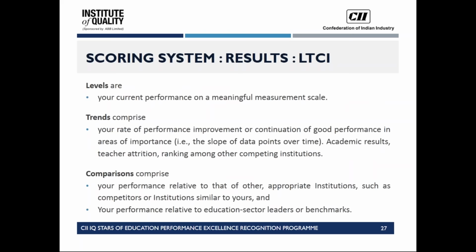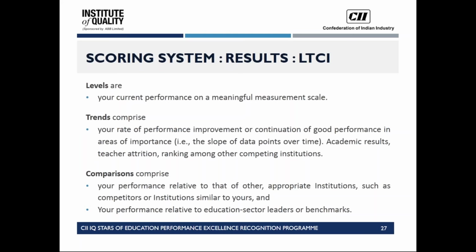Now coming to the next evaluation dimension, that is the results. Results are the outputs and outcomes the institution achieves which address the requirements in category 7. The 4 factors that are used to evaluate results are levels, trends, comparisons, and integration, which is again abbreviated as LTCI.